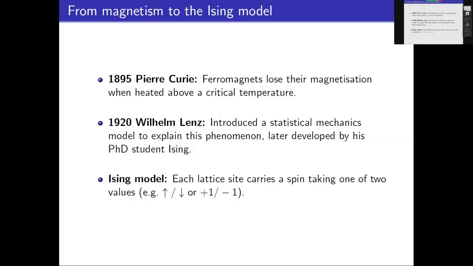Now, the Ising model. I'm going to give you the formal definition. We take a lattice, and each vertex has a spin. It takes two possible values; it can point to two possible orientations, let's say either up or down.